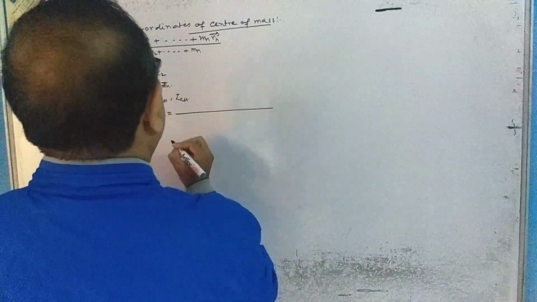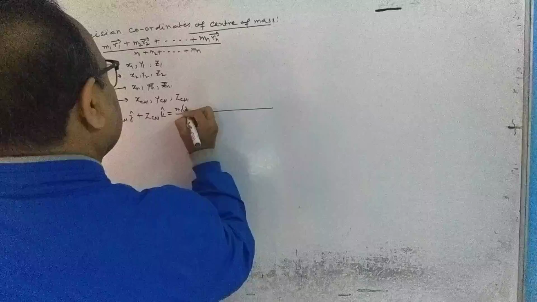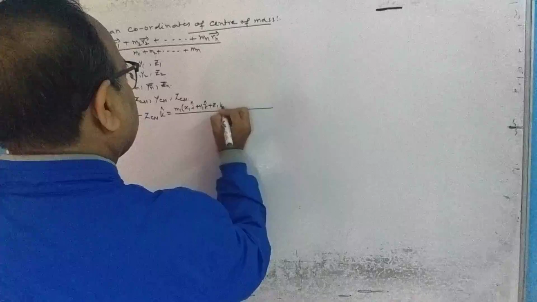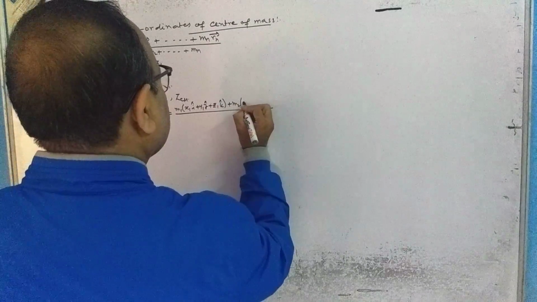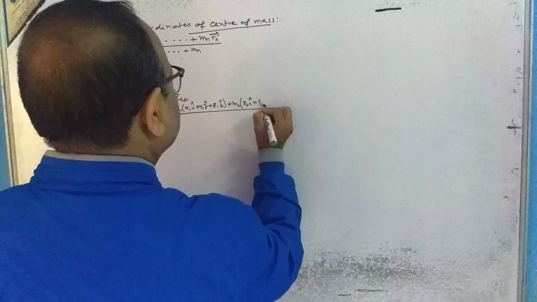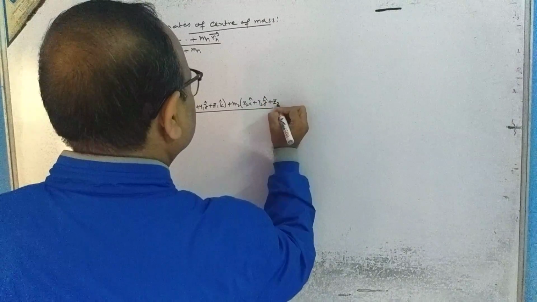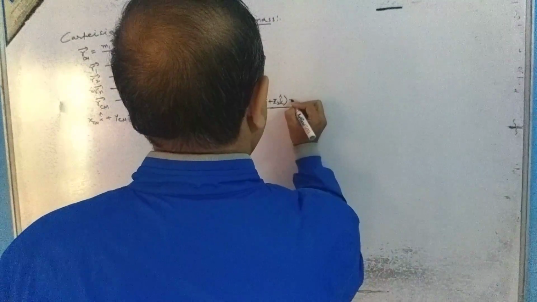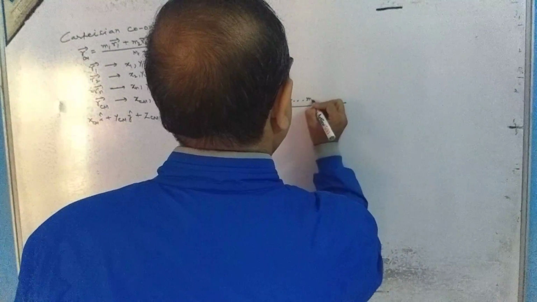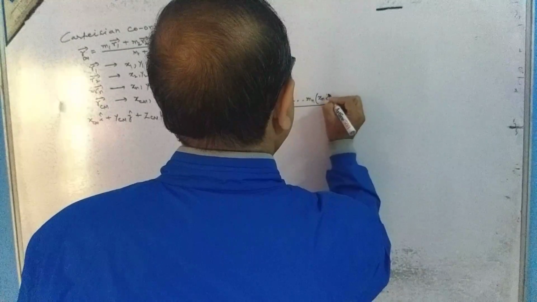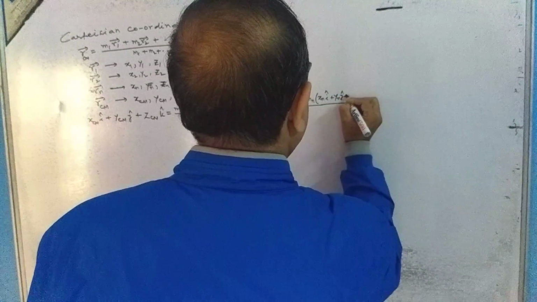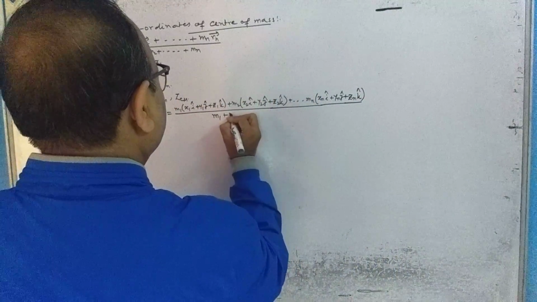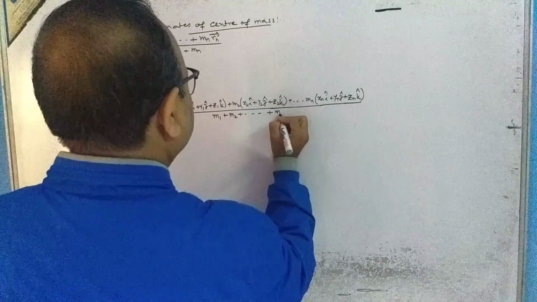That should be equal to, on the right hand side, m1 (x1 i plus y1 j plus z1 k) plus m2 (x2 i plus y2 j plus z2 k) plus and so on up to mn (xn i plus yn j plus zn k), divided by, as usual, m1 plus m2 and so on up to mn.